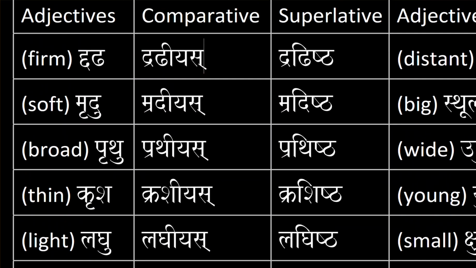So for firm, dradhiyas and dradhishtha. And then for softer, you have mradiyas. And then for softest, you have mradishtha.